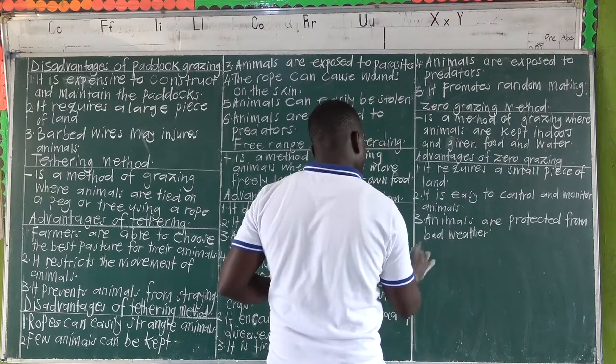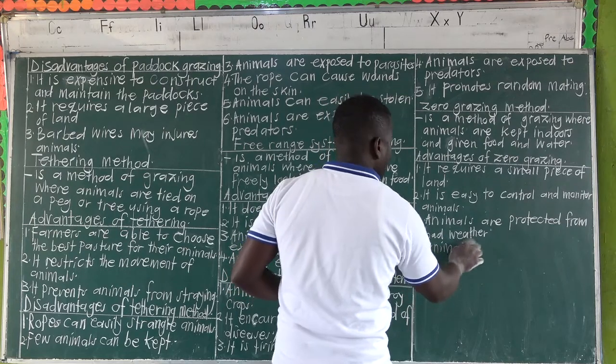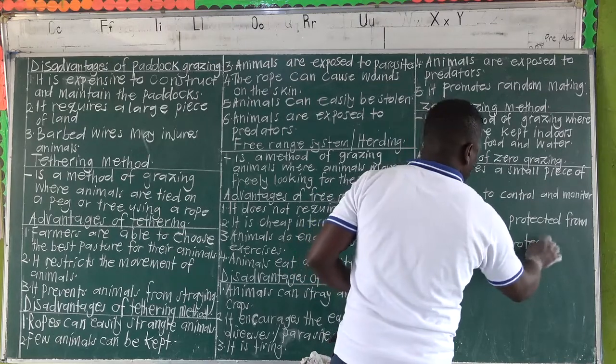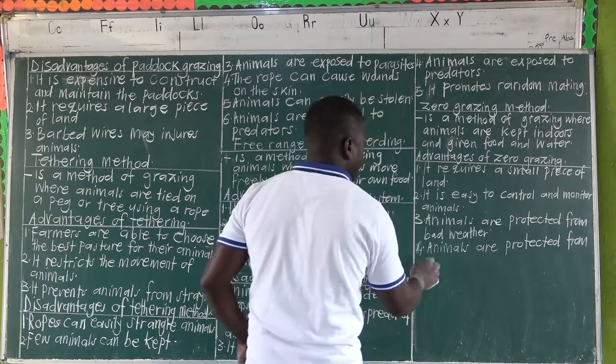Number 4, animals are protected from predators.